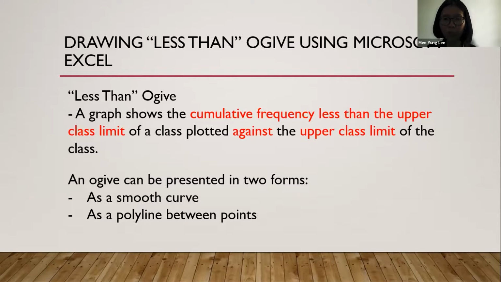So we plot the points above the upper class limit, and the height of every point is represented by the cumulative frequency. As I mentioned earlier, an ogive can be presented in two forms: as a smooth curve or as a polyline between points.